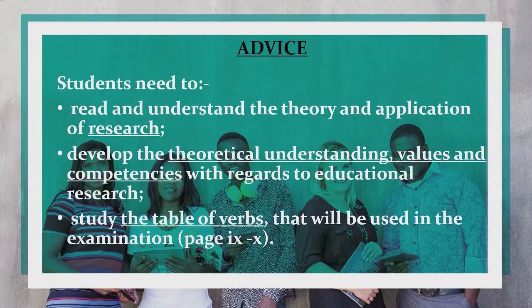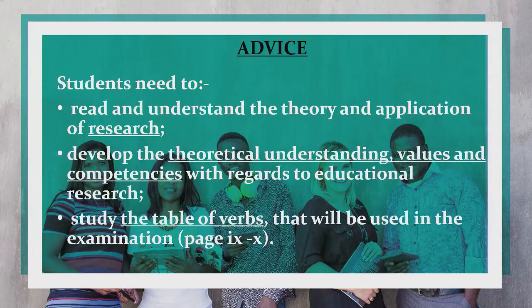Now, dear students, you need to read and understand the theory and application of research. You need to develop the theories, understanding, values, and competencies with regard to educational research.